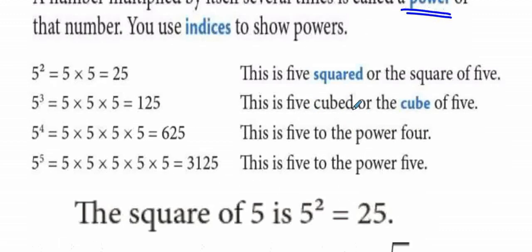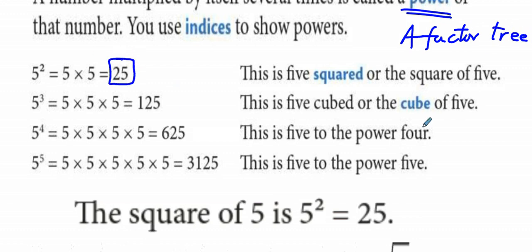Okay, now you are already familiar with what we call a factor tree. Now let us see a factor tree for the number 25 and see how we can reach this power over here. So 25, the factor tree is looking like that. 5 times 5 is 25.